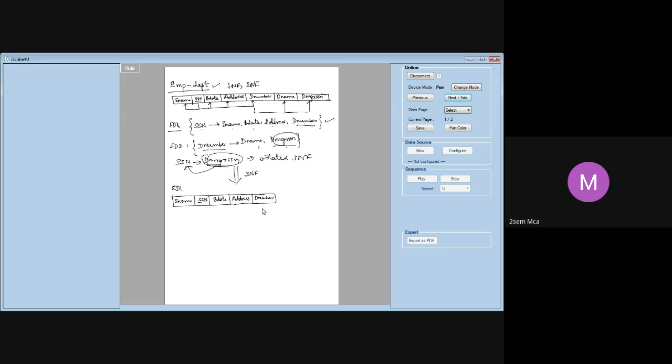This is one table. I will take one more table, ED2, which I will make D number, D name and DMGR SSN. So I will split the table.